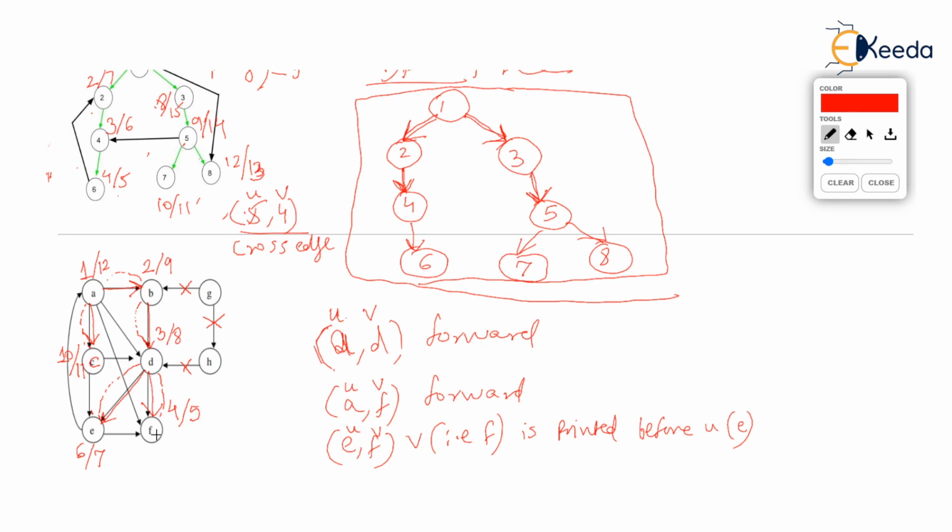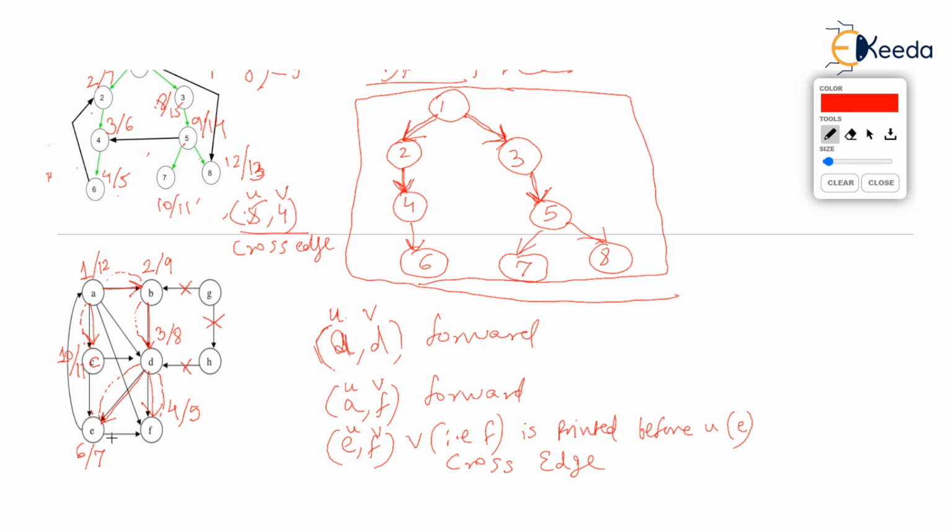From F, there is no path at all. You can't go outwards. Forget about reaching E. There is absolutely no path from F to E. Then this type of edge is known as a cross edge. Neither is an ancestor or descendant of each other. Are you understanding? E or F, neither of them are ancestors or descendants of each other.